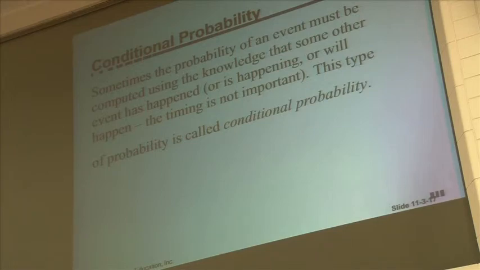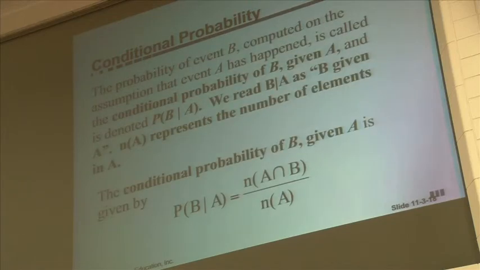So, we are finding the probability of an event happening with the condition that something else happened, or is happening, or will happen. Right? So it's still two things going on. It's just how they are happening at the same time is different here.